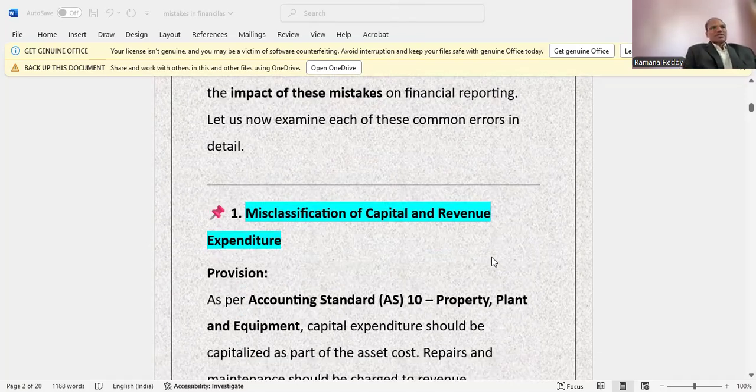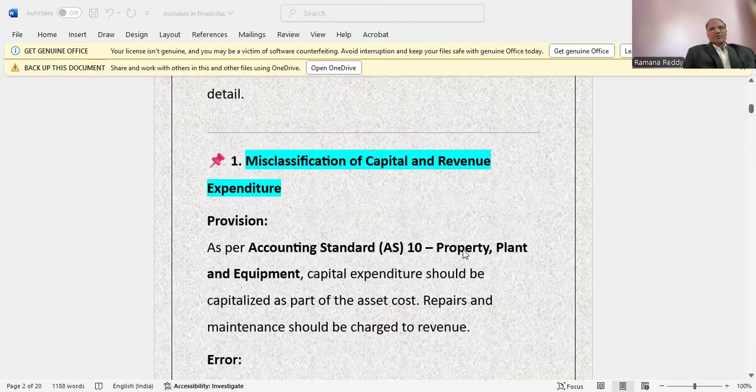The first would be the misclassification of capital and revenue expenditure. This is a common error we observe in many cases. As per accounting standard AS10, property, plant and equipment, capital expenditure should be capitalized as part of the asset cost. Repairs and maintenance should be charged to revenue.